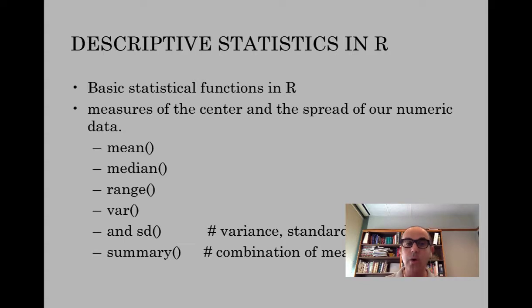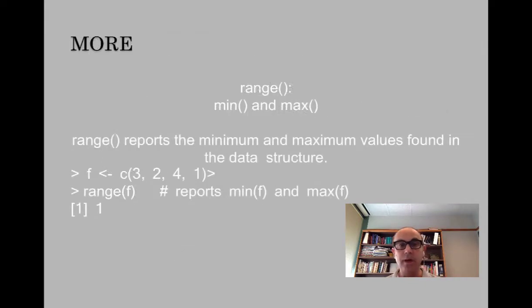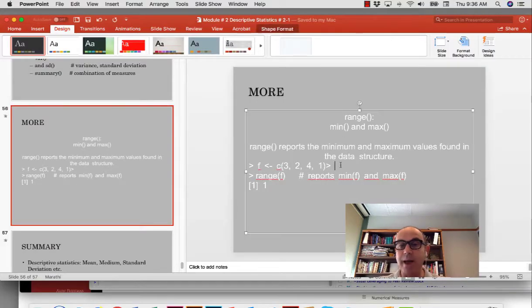Back to our statistics discussion. In R, we have the mean, the median, the range, the variance, the standard deviation, and summary. So we can create an object, in this case s, containing the numerical values 3, 2, 4, and 1. I have a mistake here, sorry.